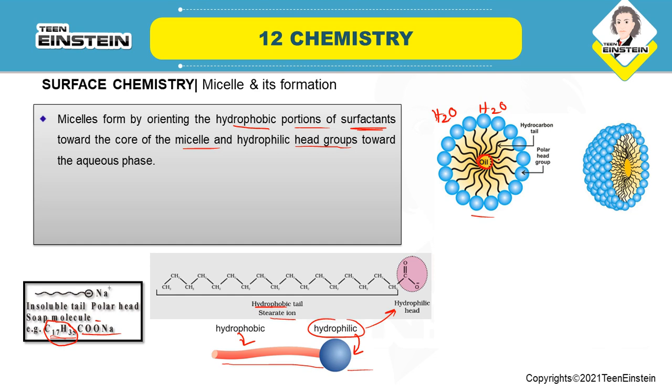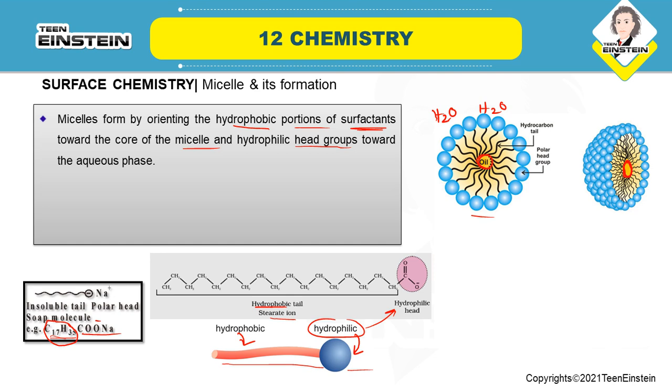That is why oil and water do not mix. So the grease present when we wash our clothes, when we use surfactant as detergent or soap, this is the mechanism by which it removes dirt or grease from dirty surfaces or clothes. This is the oil part.